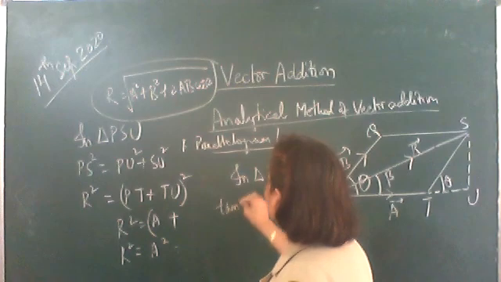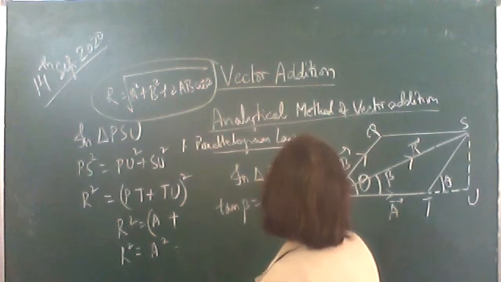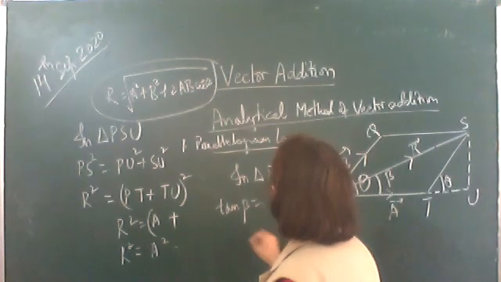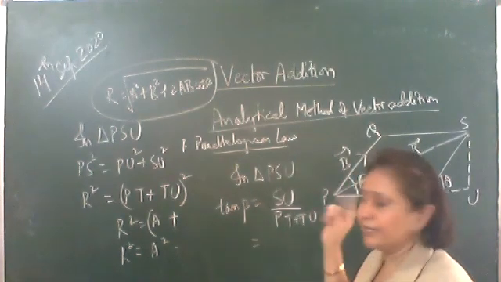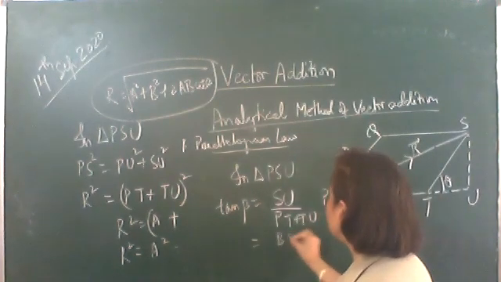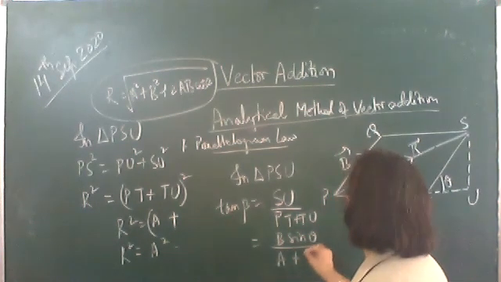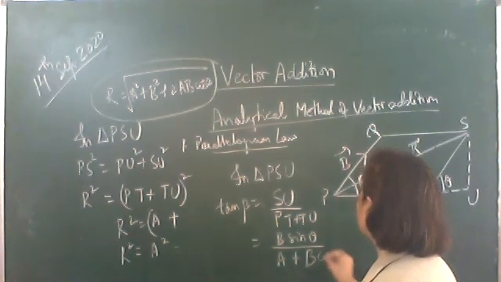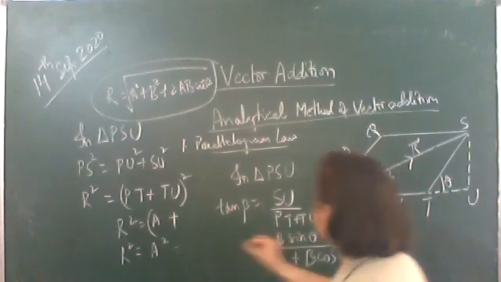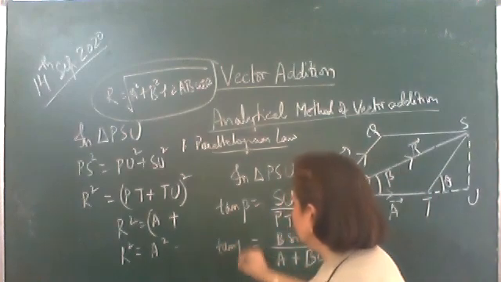Tan beta is equal to perpendicular upon base. Perpendicular is SU and the base is PT plus TU. Okay, SU we have already found out is equal to B sin theta. PT is A and TU is B cos theta. So this gives the direction.